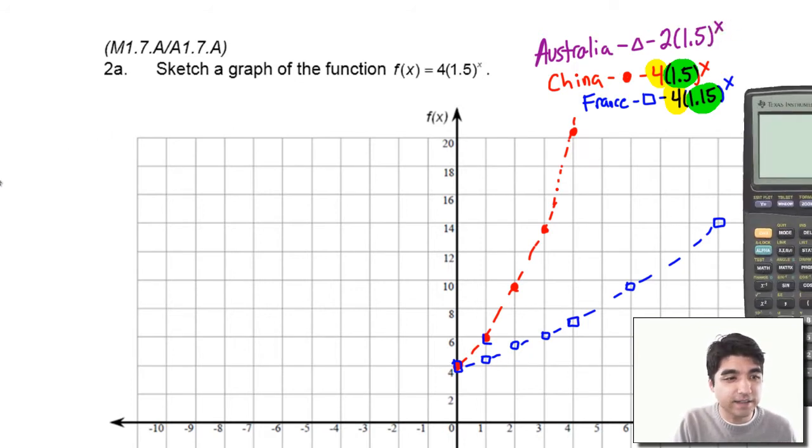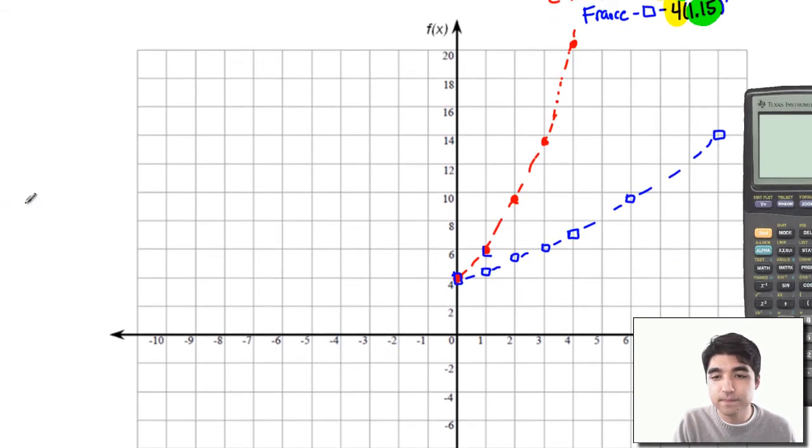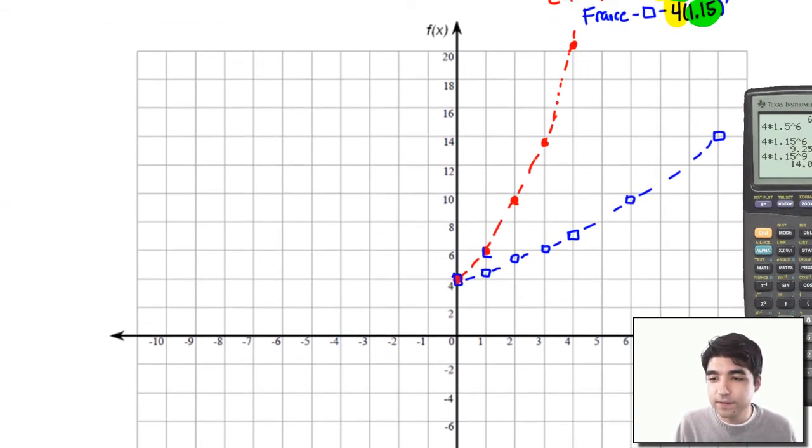Okay, we need our calculator again. So it is 2 times 1.5 to the 0 power equals 2. So this one starts at 2 here, so let's put a triangle there.